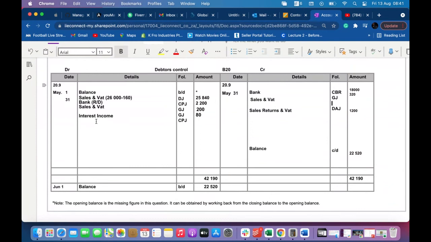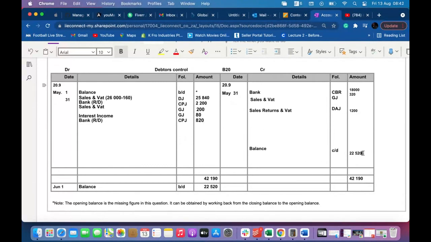Okay, so we're actually going to throw this to the other side, and we're just going to put the same thing under details. Okay, and there we go.